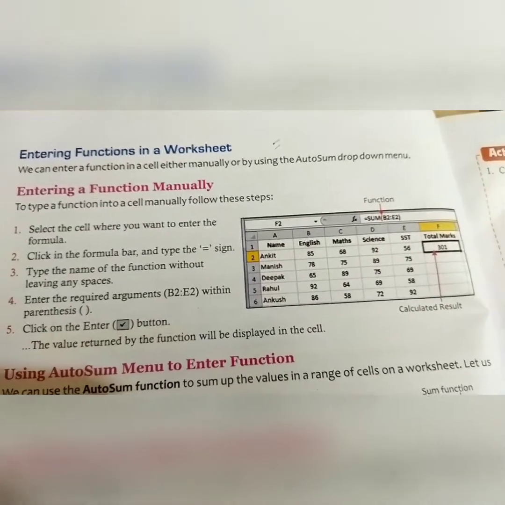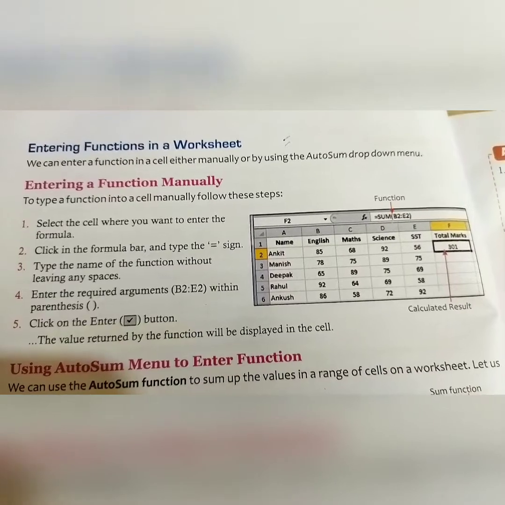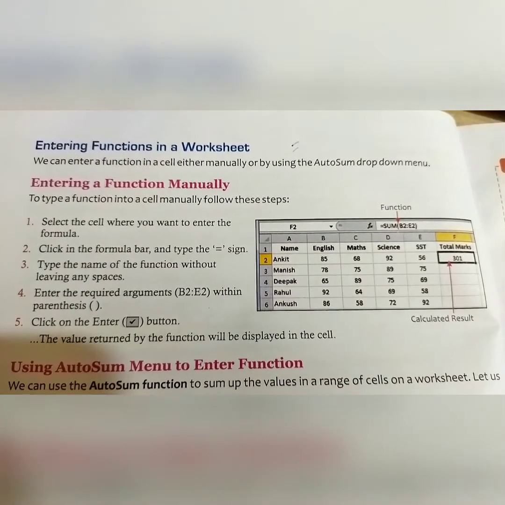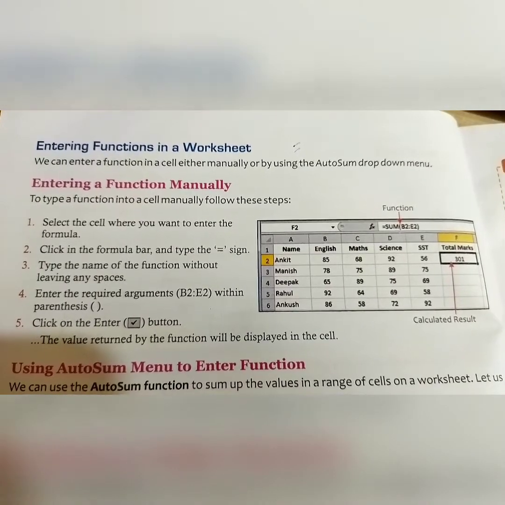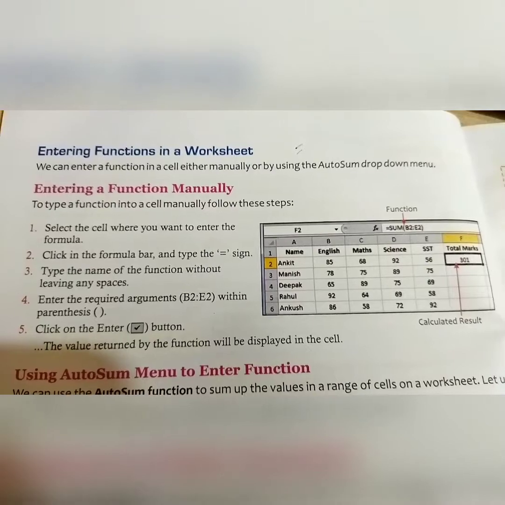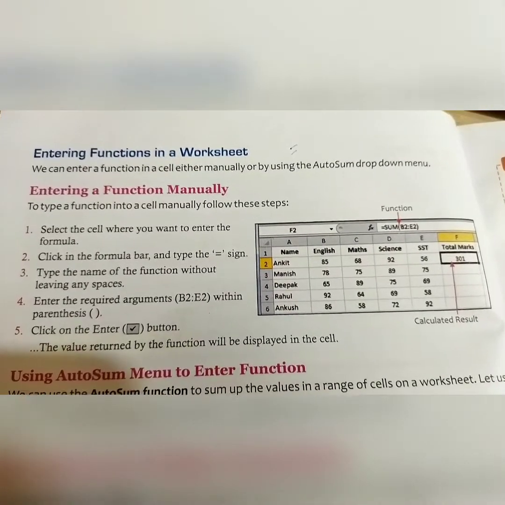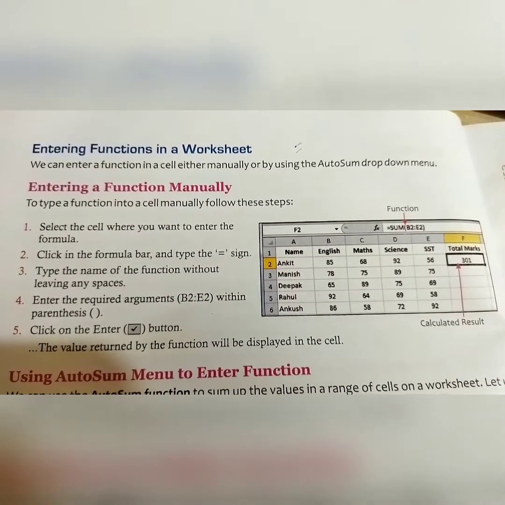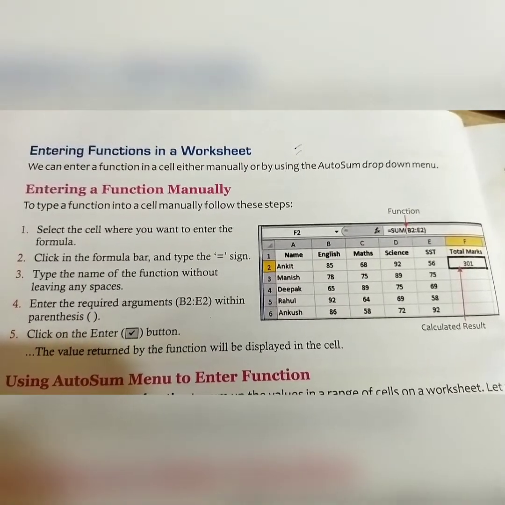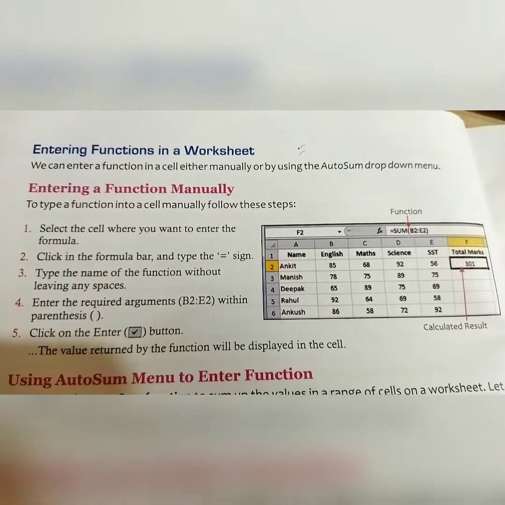Now see the figure on entering a function in a worksheet in your book. How to enter a function manually: all the steps are given in your book. Firstly, select the cell where you want to enter the formula. Then type the equal sign. Then type the name of the function without leaving any space.